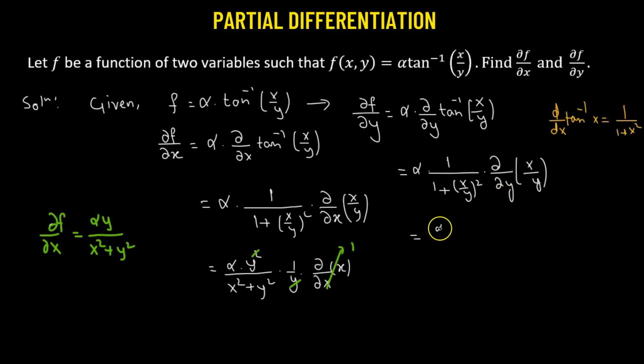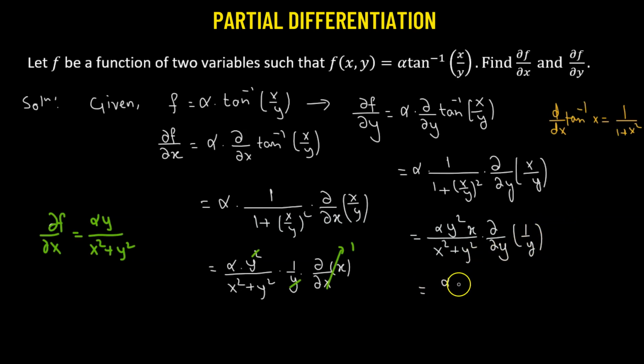So that gives us alpha times y squared divided by x squared plus y squared multiplied to, since we're taking the partial derivative with respect to y, x will be treated as a constant, so we can pull out that x, and all we have to do is find the partial derivative with respect to y of 1 over y. The partial derivative of 1 over y is simply negative 1 over y squared.